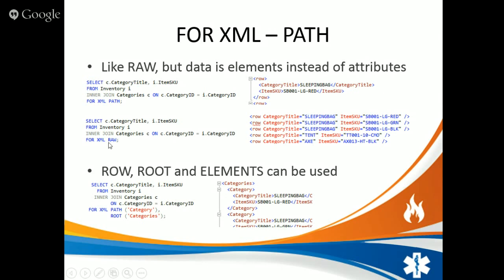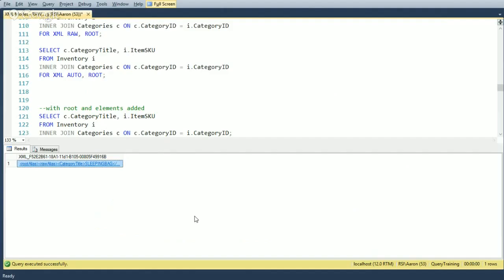Whereas raw, the one below it, just created all attributes within the single row tag for each result row. And like before, you can alias each of the levels, like the node levels or the row or the root.